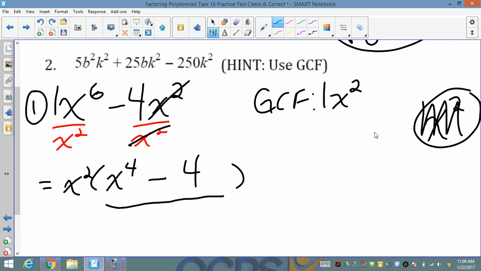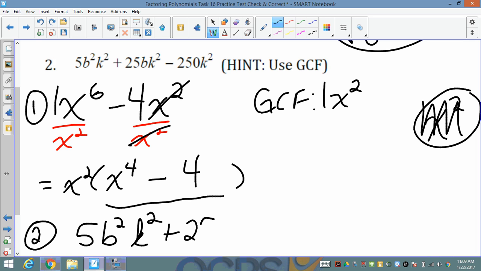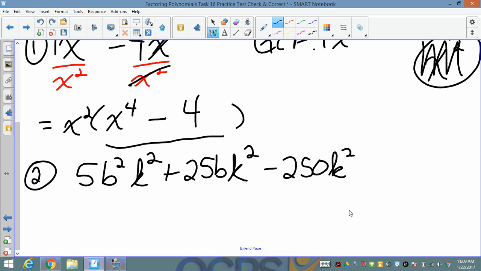Let's take a look at number 2. So number 2 is a little bit longer. It looks more complicated, but my steps are the same. Okay, so I'm going to start with my GCF. So hopefully you can look at this and see 5, 25, and 250. 5 goes into all of those.